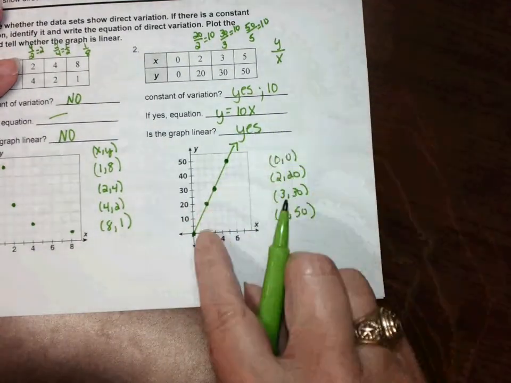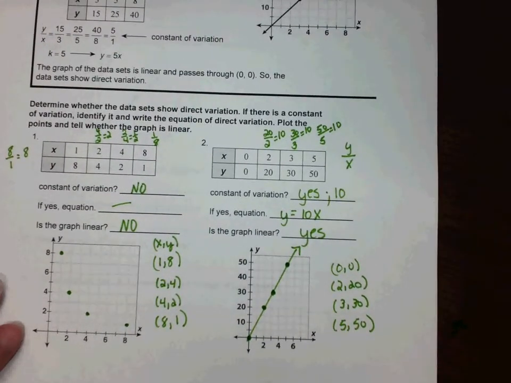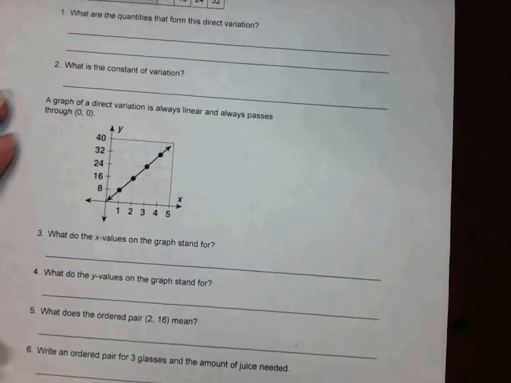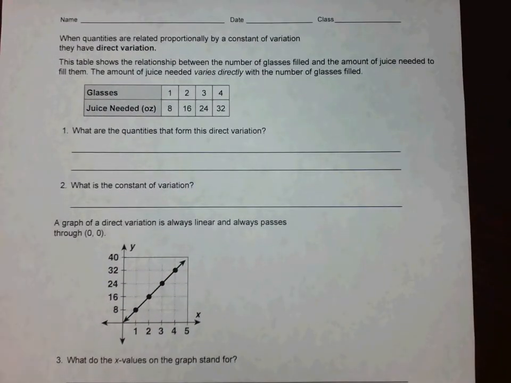Yes, because it forms this straight line when I graph it. All right. Next page says, when quantities are related proportionally by a constant of variation, they have direct variation. This is all just the same stuff, just restating that it's proportional.